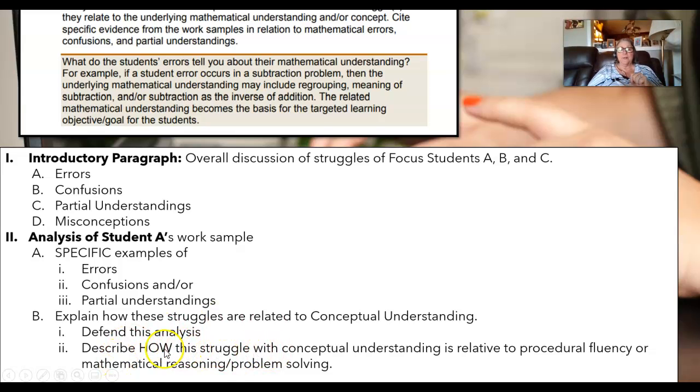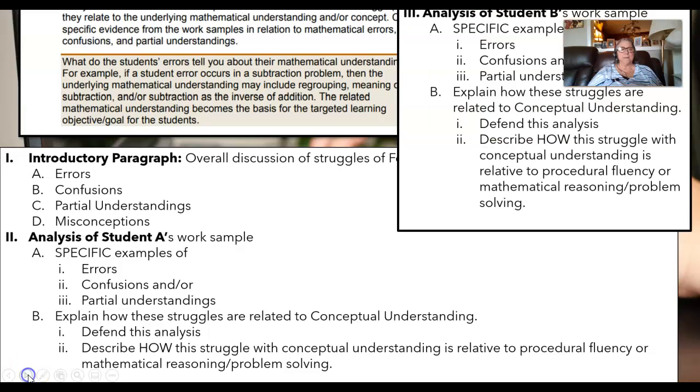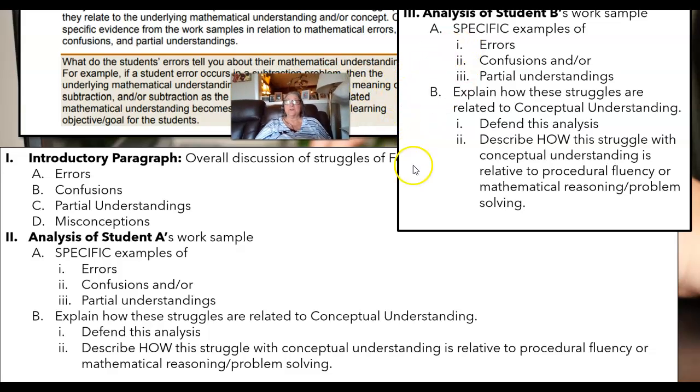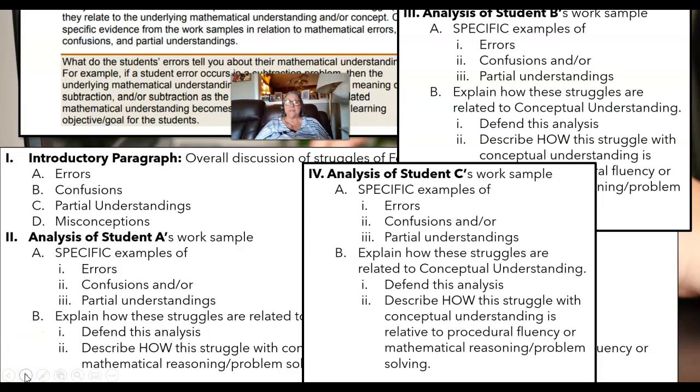Describe how the struggle with conceptual understanding relates to procedural fluency, or you can relate it to mathematical reasoning or problem solving. Then you're going to do that for each of the other work samples. You're going to do it for student B, same thing, and then again for student C.